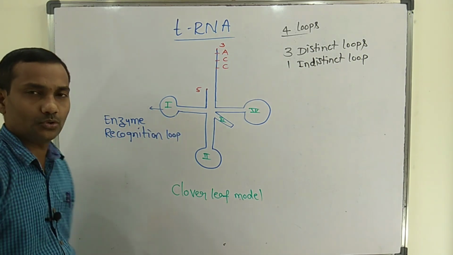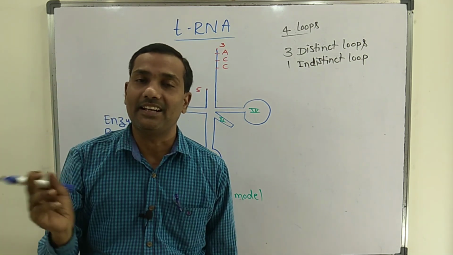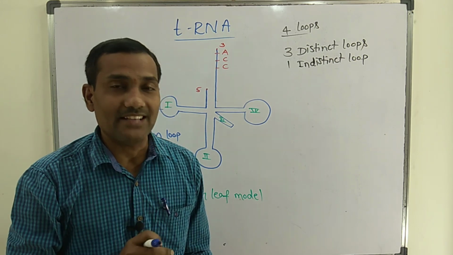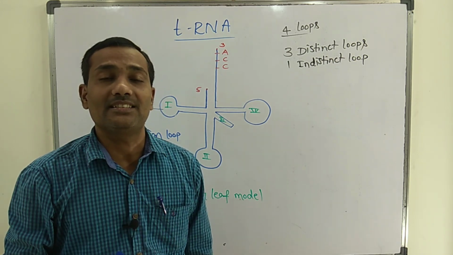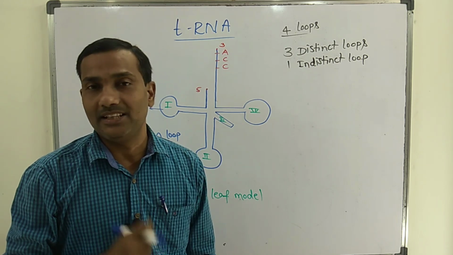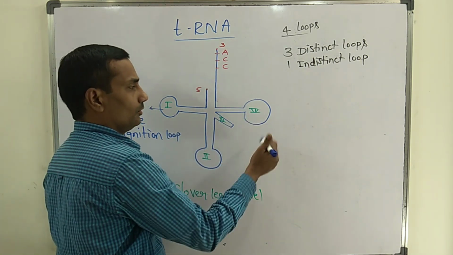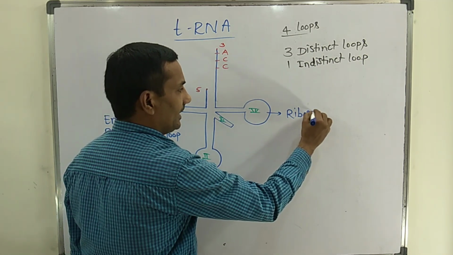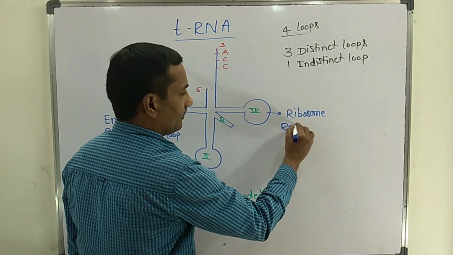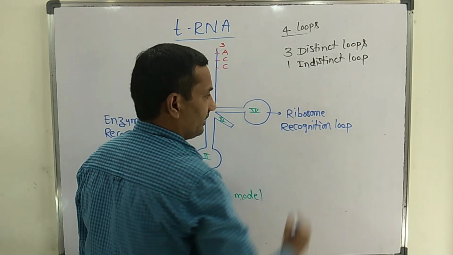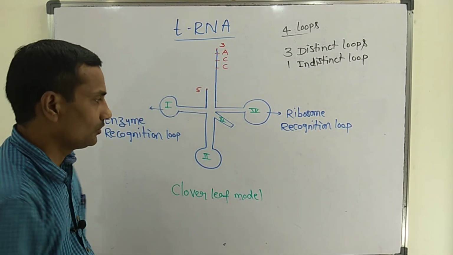During translation, this loop recognizes the aminoacyl synthetase enzyme. The fourth loop, on the left side, is called the ribosome recognition loop. It will recognize the ribosome.